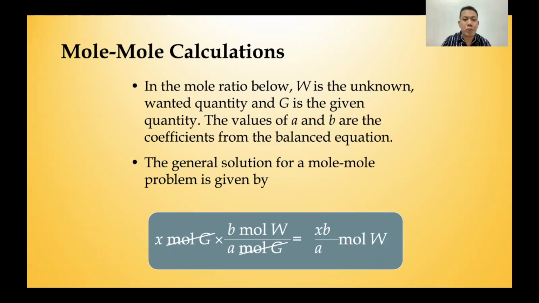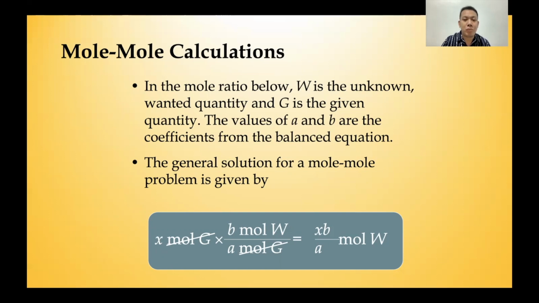Mole to mole means that if the given is in moles, the answer will also be in moles. In the mole ratio below, W is the unknown, or what we call the wanted quantity, and G is the given quantity. The values of A and B are the coefficients from the balanced equation. We will be using these variables in the general equation for the next slides.